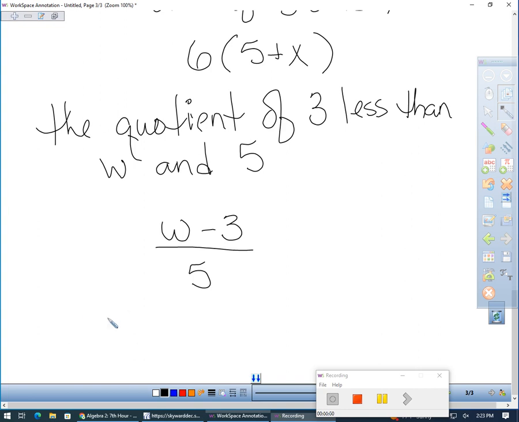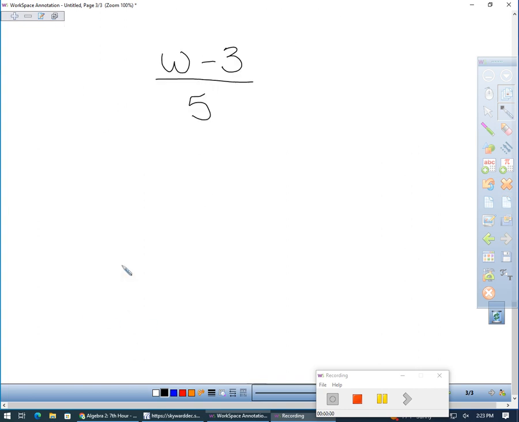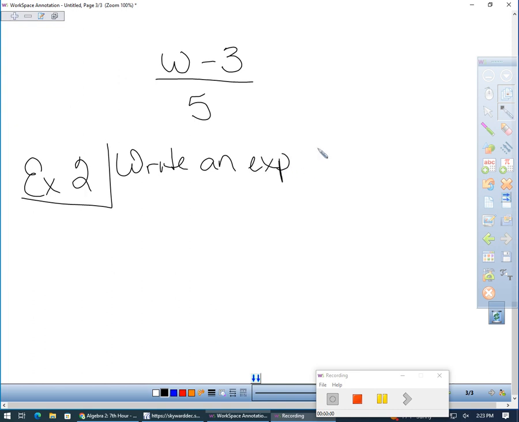Example number 2. Let's write it to model a situation, and anytime I use the word model, that means it's more a real-life situation. Okay? So, write an expression to model the situation.